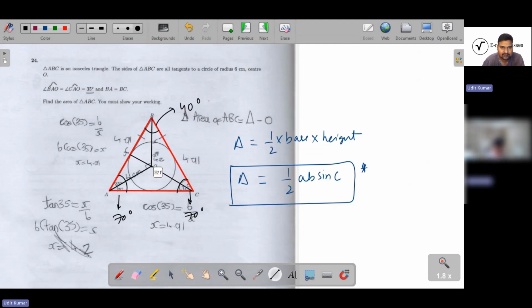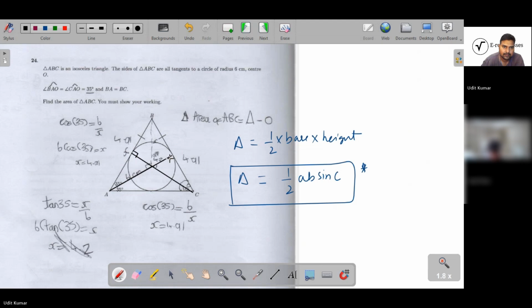Let me use a different color. If you extend this line, this will be 90 degrees. If you extend this line, this will be 90 degrees. And if you extend this line, this will also be 90 degrees.